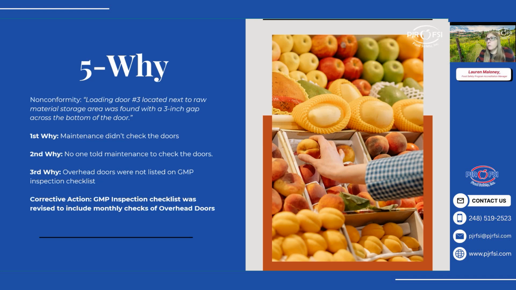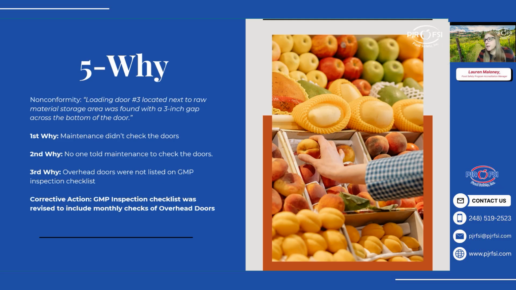Why were maintenance not told? Or what tool did maintenance not have to check those doors? The overhead doors were not listed on the GMP inspection checklist. So the root cause would be that the maintenance was overlooking checking for gaps in the door because it was not listed on their monthly GMP inspection checklist to ensure that they checked for that specific issue.